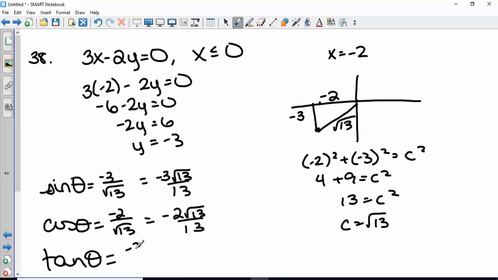Tangent, opposite over adjacent, so negative 3 over negative 2 is positive 3/2. So a lot of these problems ultimately come down to setting up a triangle. And then if you've got your triangle, you can get x, y, all of those things. You can then get any of your trig functions.